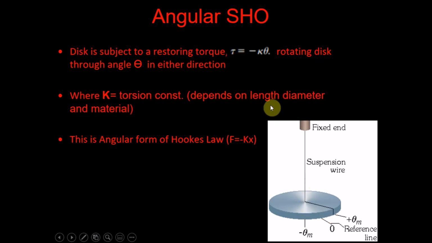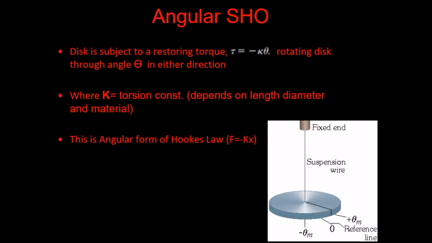And that's going to be given by the twisting force of this wire about the center, or torque is going to be equal to negative kappa times theta, and this kappa is what's referred to as a torsion constant, and it depends on the length and the diameter of the particular material that this line is made out of, and this will cause the disk to rotate through theta either direction as it's twisted.